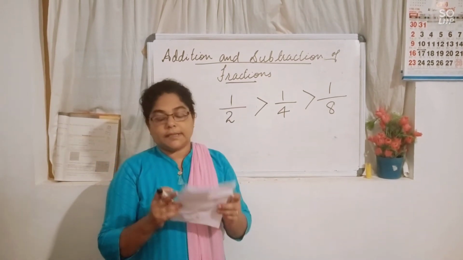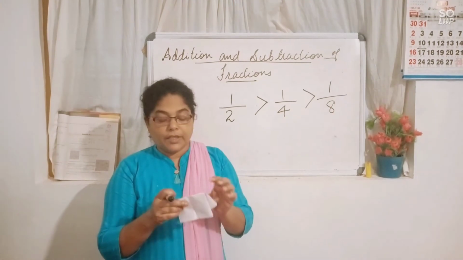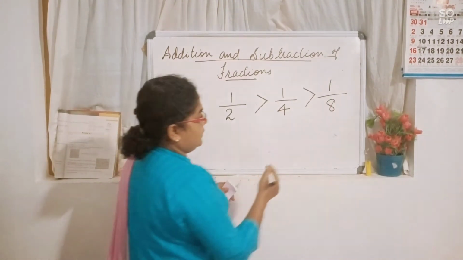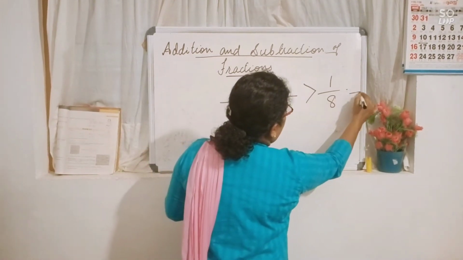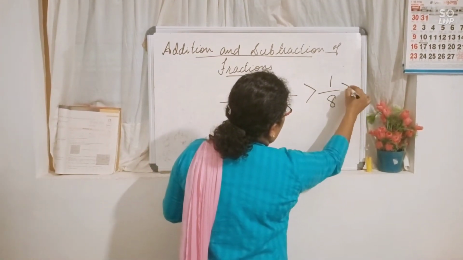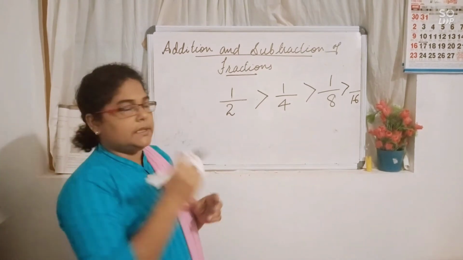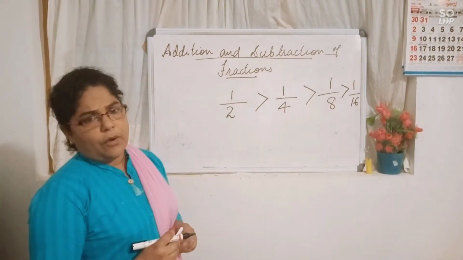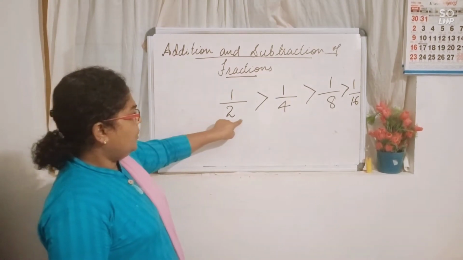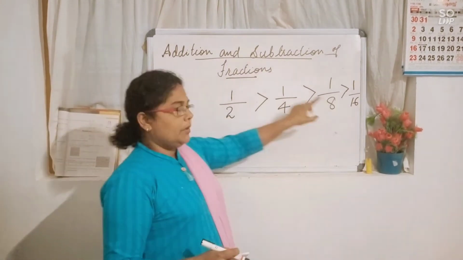Yes, 16 portions. So, when we are making portions, that should come in the denominator, 16. Out of the 16, this is 1 portion. So, 1 by 16.